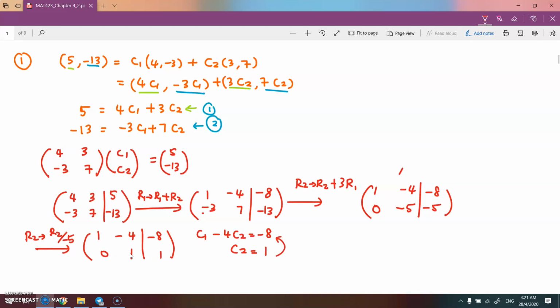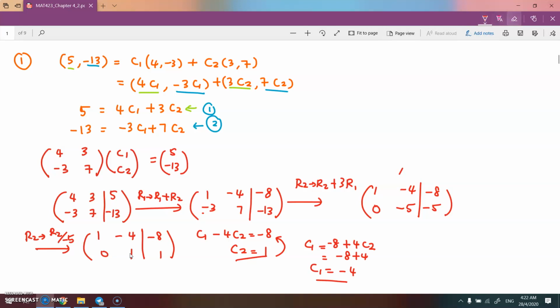When C2 is equal to 1, C1 is -8 plus 4C2, so -8 plus 4 is -4. So C1 is -4 and C2 is 1.